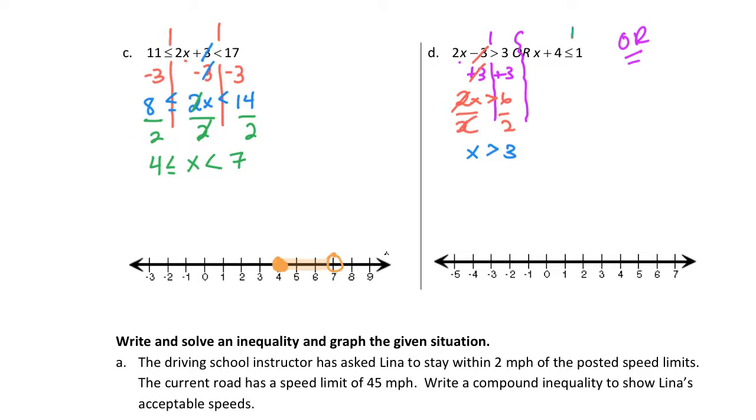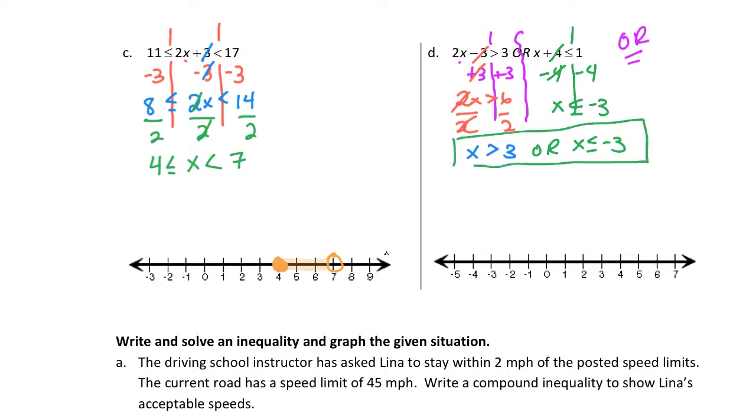Right, and this final one, this inequality on the right side here, we're going to subtract the 4 from both sides, and we're left with x is less than or equal to negative 3. So I'm just going to bring that down with the word or. X is less than or equal to negative 3. And this is my final inequality. And I don't think there's any tricks with this one.